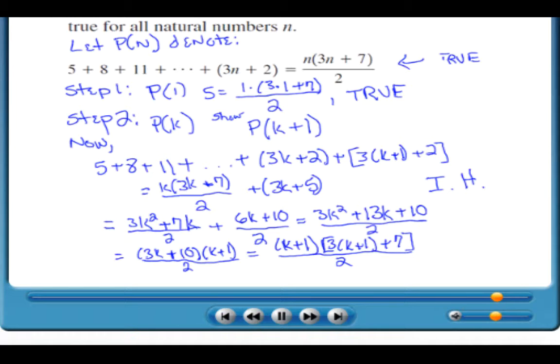Thus, P of k plus 1 follows from P of k. So by the principle of mathematical induction, P of n is true for all n.